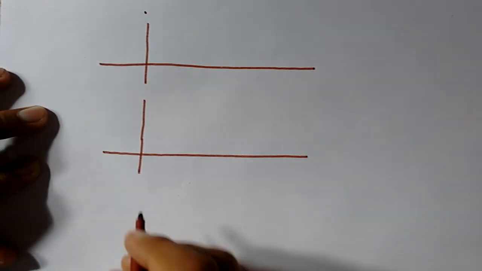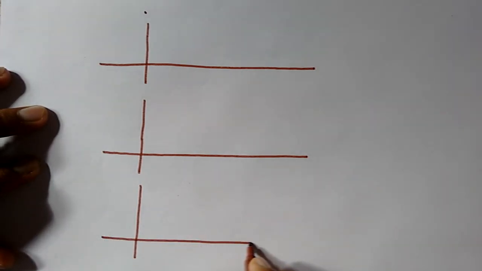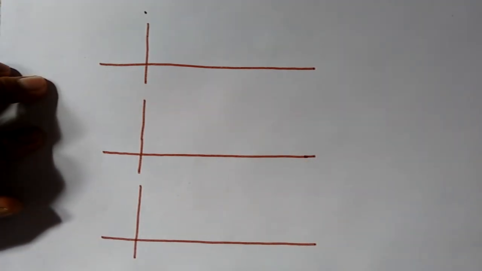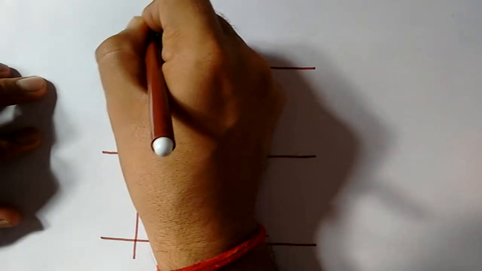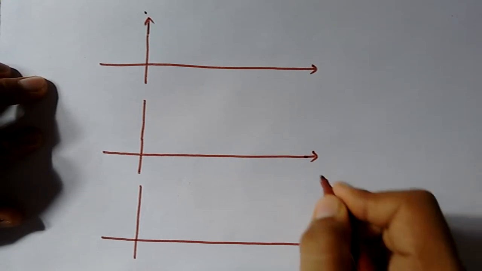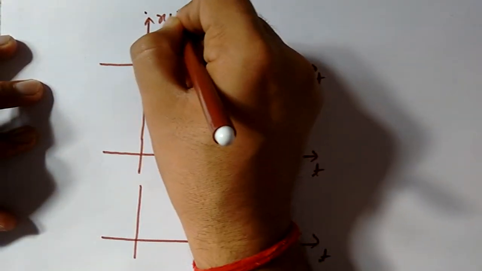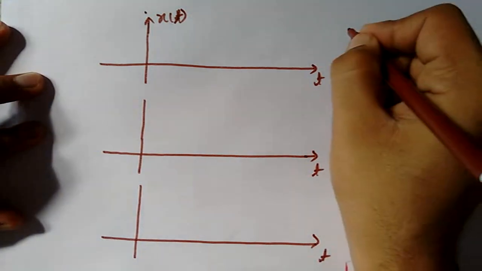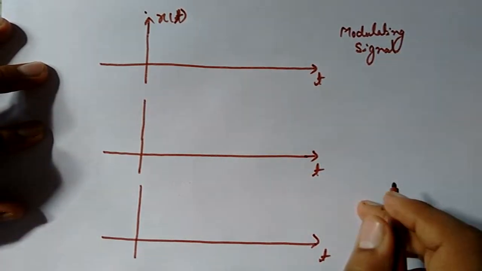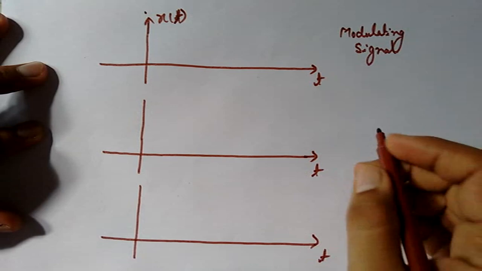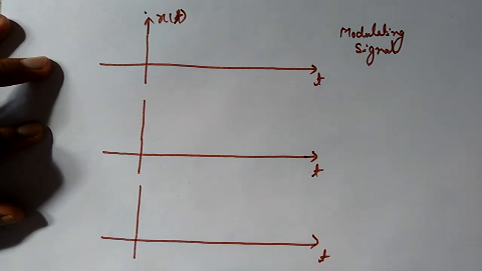Let me draw first the axes. Here in all the cases, it is the time axis represented by T, and here I will draw the modulating signal, here the carrier wave, and here I will draw the PWM wave.